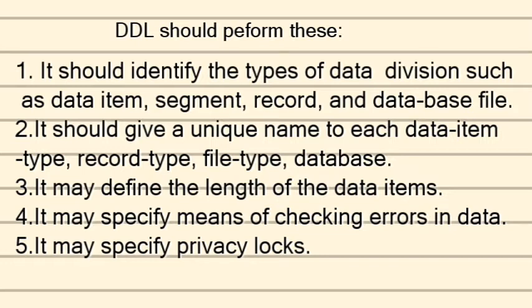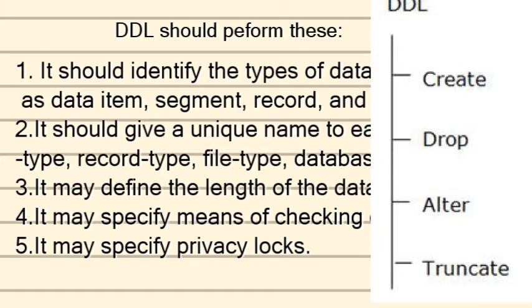It may specify the means of checking errors in the data. It also looks at privacy logs, whether unauthorized reading or modification of the data has been done or not, a logical definition of how the addressing is done, a range of values. These are all things that the DDL performs. We will be able to understand how the DDL performs with the help of the commands that are available in DDL when we work with the SQL queries.